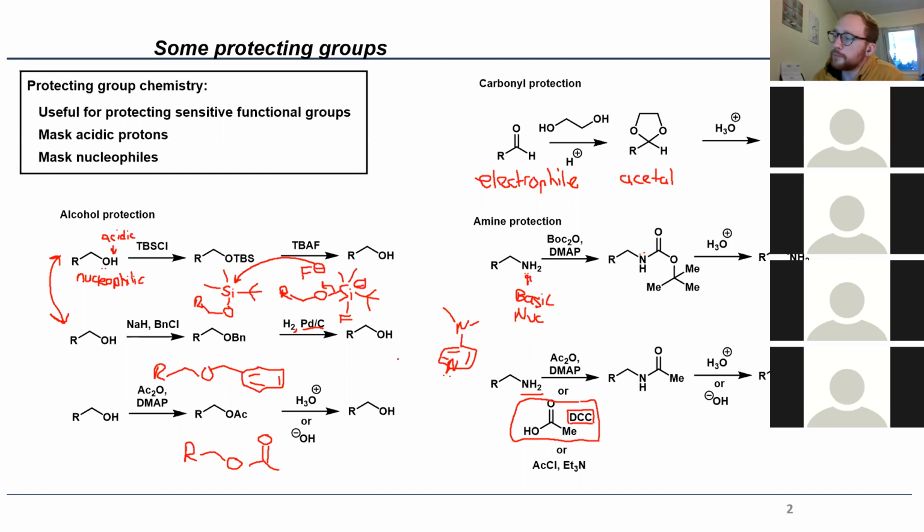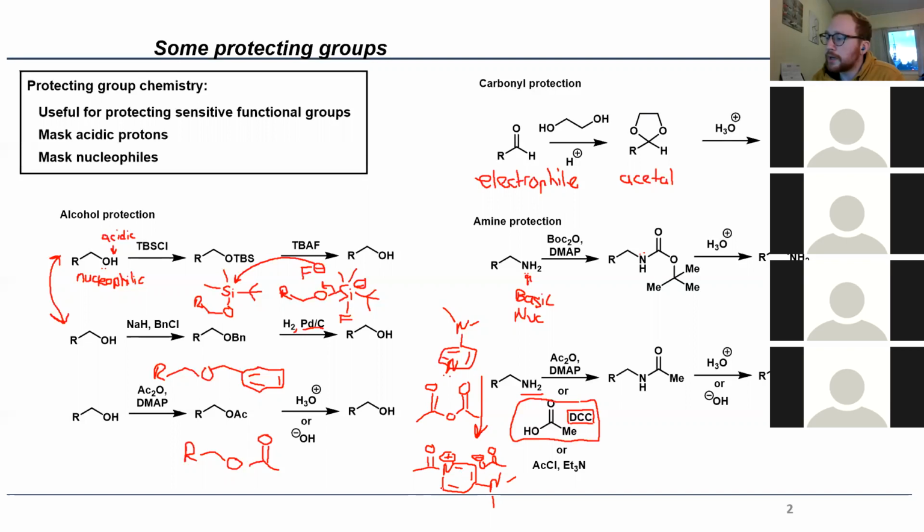So DMAP is useful for base catalysis, and so it is particularly useful for the generating of, for example, the acetic anhydride reacts with DMAP to make, it makes this as our activated electrophile.